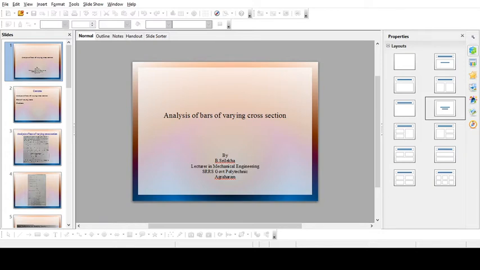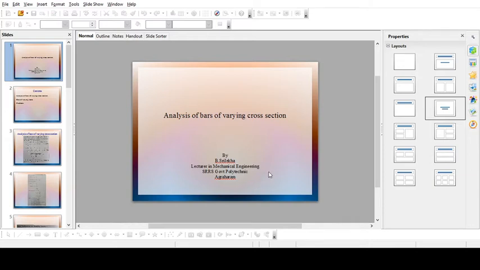So if it is a varying load, I'll go to the back one. If it is a varying load, it means the P value is not constant. In section 1, if load is P1, then elongation is P1 L1 by A1 E, and then elongation at the second section will be P2 L2 by A2 E. Therefore the total elongation will become 1 by E into P1 L1 by A1 plus P2 L2 by A2.